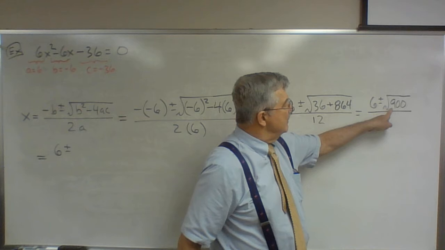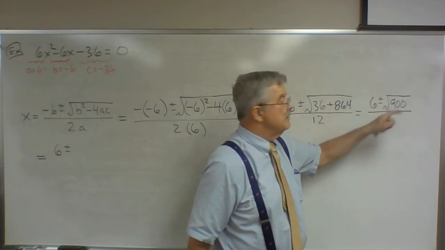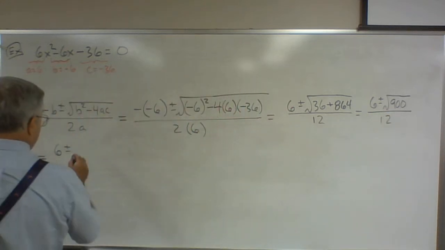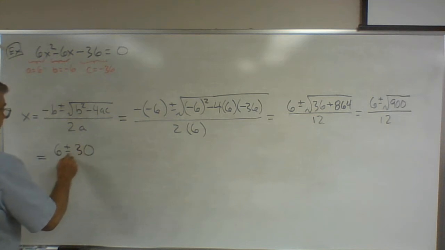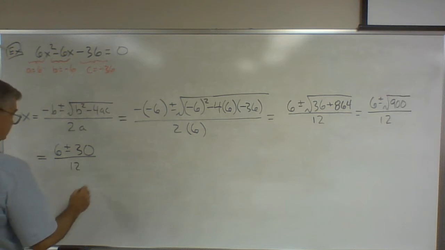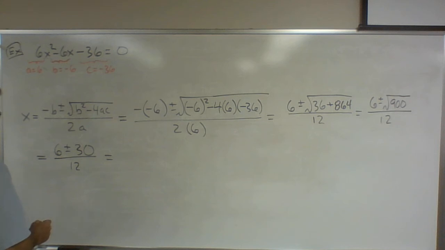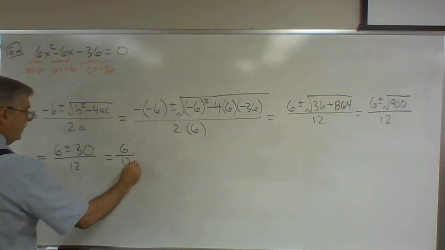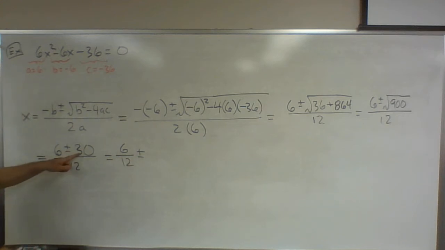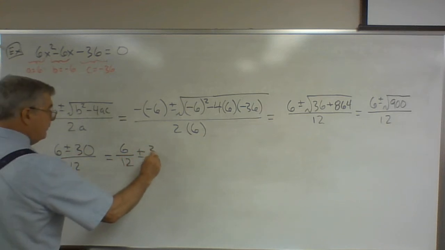900. That's 30 squared. So we're going to get 6 plus or minus 30 over 12. So let's see, we can divide, well, let's take 6 over 12 plus or minus 30 over 12.